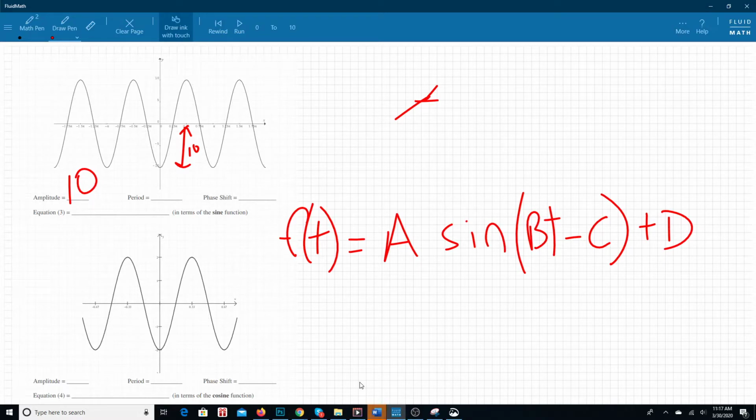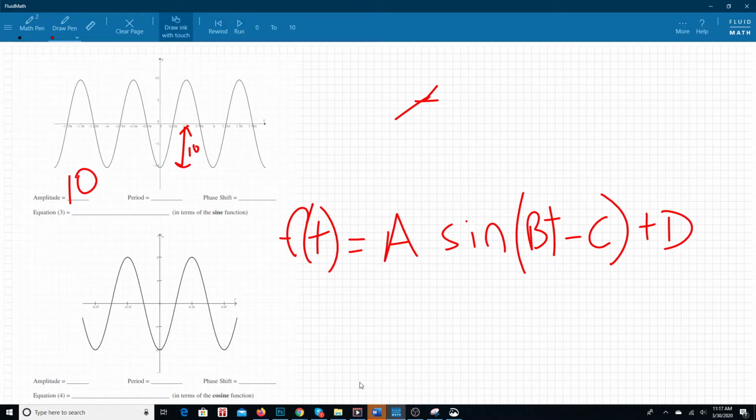Now the period is going to be from peak to peak, or valley to valley. This is shaping up to be a sine curve. Sine curves always start from 0, but this is a sine curve that's shifted by about 0.25.